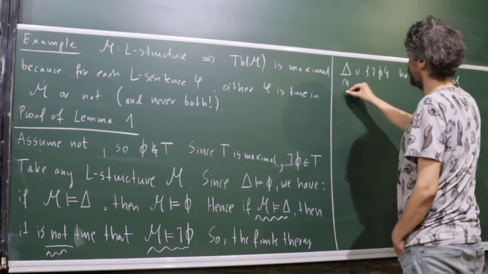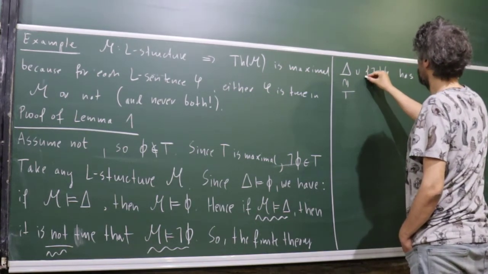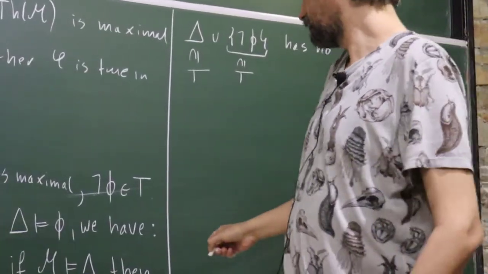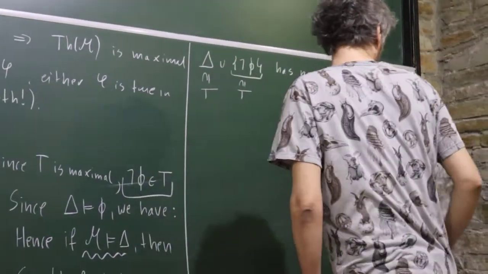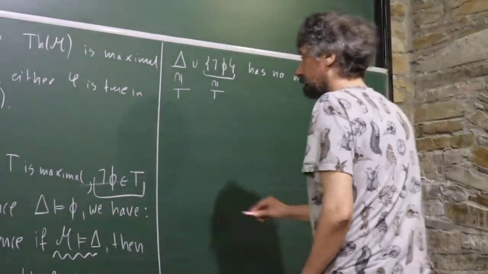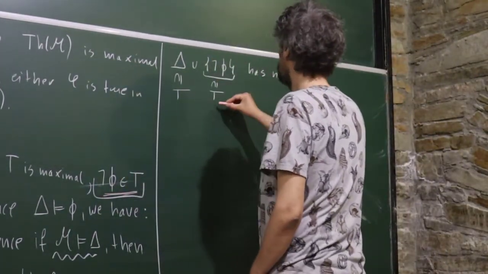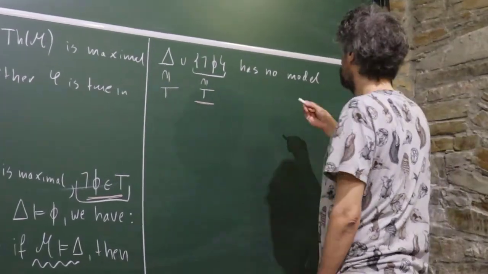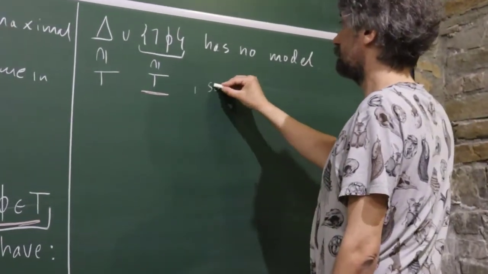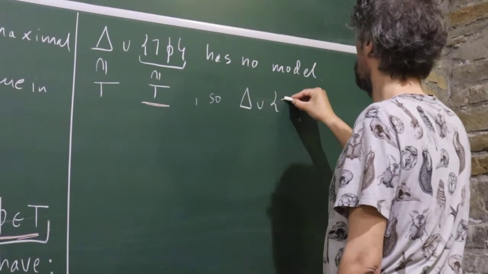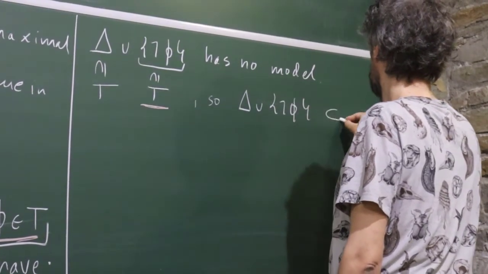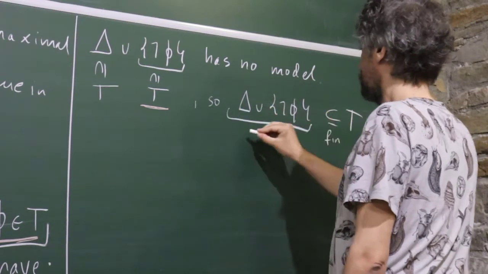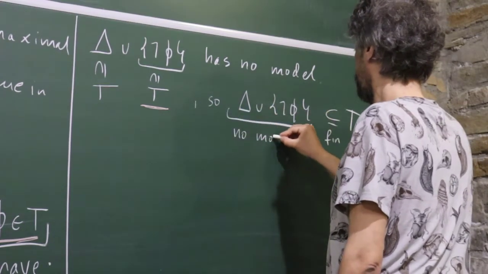But this is a part of T. This is also a part of T. So this is finite and has no model.